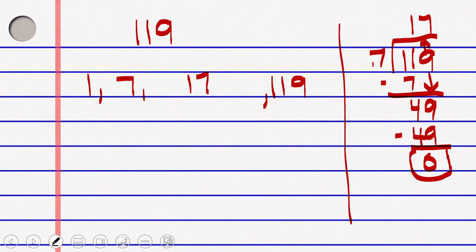Actually, we have exhausted all the factors of 119. You'd only be working at this point between 8 and 16 to find the remaining factors, and you can mental math those. But we've listed all 4 factors of 119 at this point.